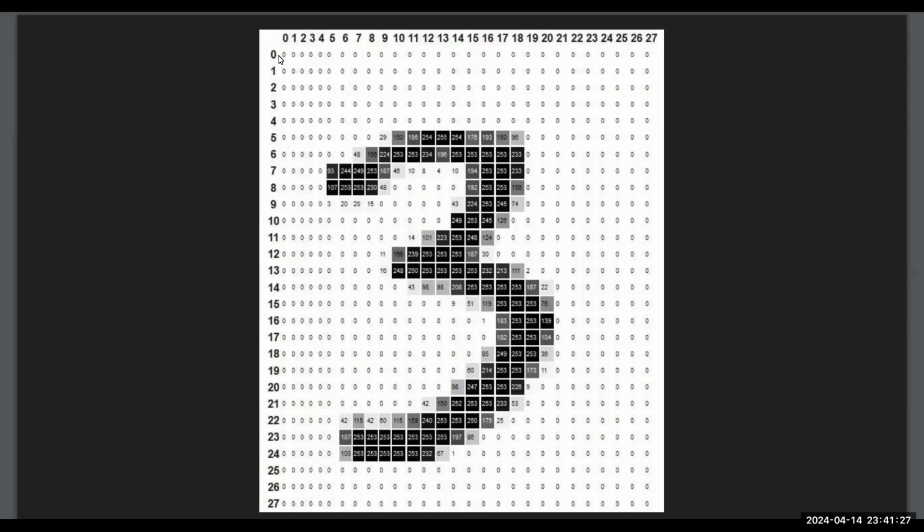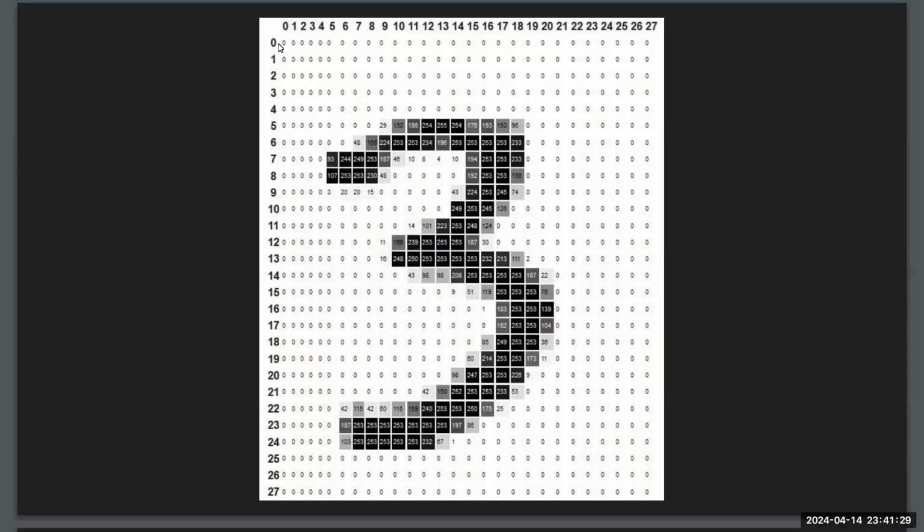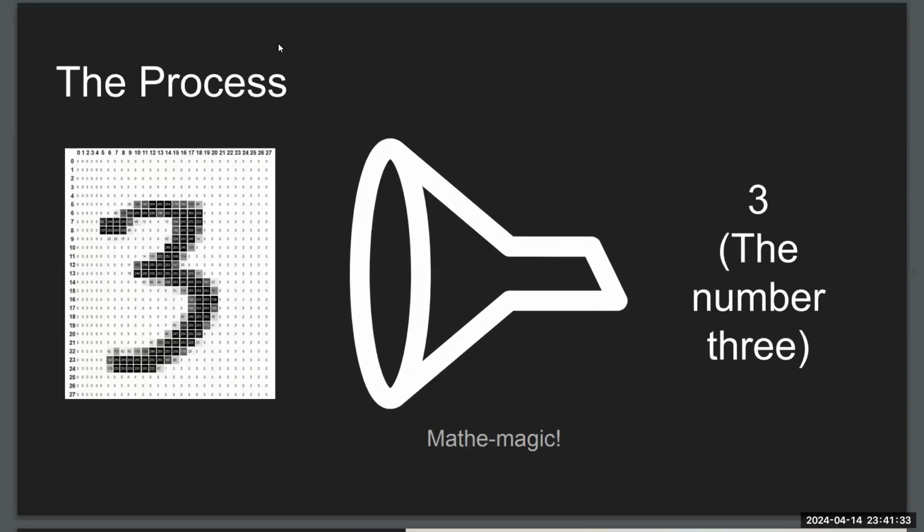Now, all we need to do, because computers are great calculators, is to provide all of these numbers to the computer. So we have a huge amount of data. We have a 28 by 28 image, so 28 rows and 28 columns. Do not get confused by the 0 at the start.